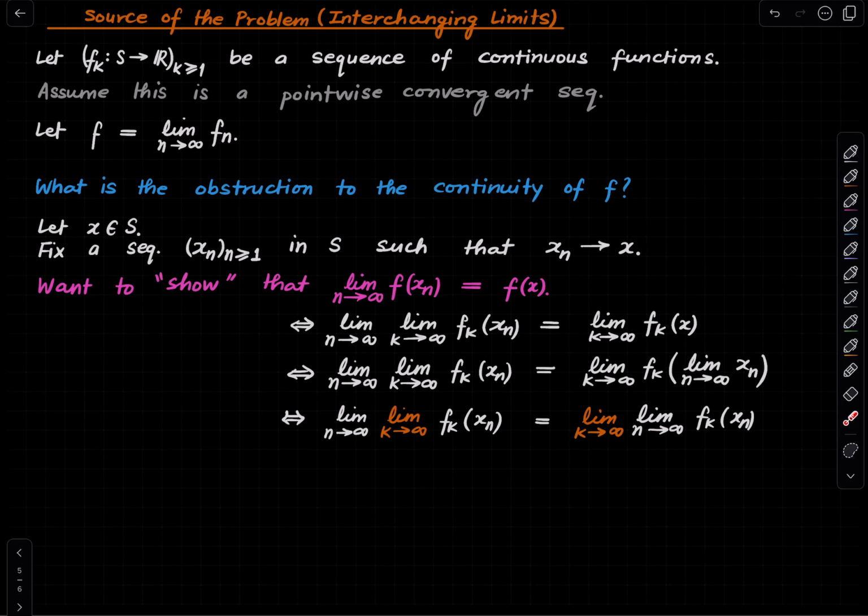So this is the source of the obstruction or the problem. If we could interchange these limits, then we would be able to prove the continuity of f. And this shows that interchanging limits is a delicate business. You cannot just interchange limits like that. It requires some additional hypothesis beyond just pointwise convergence.